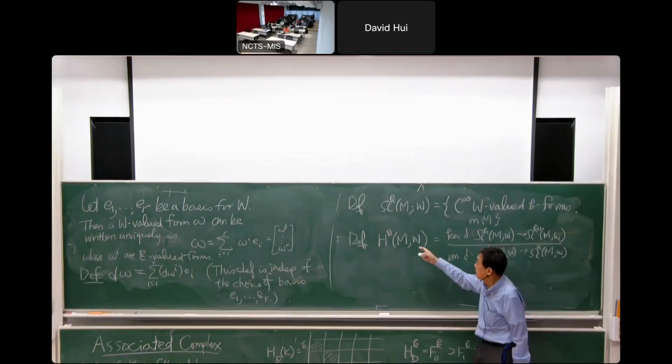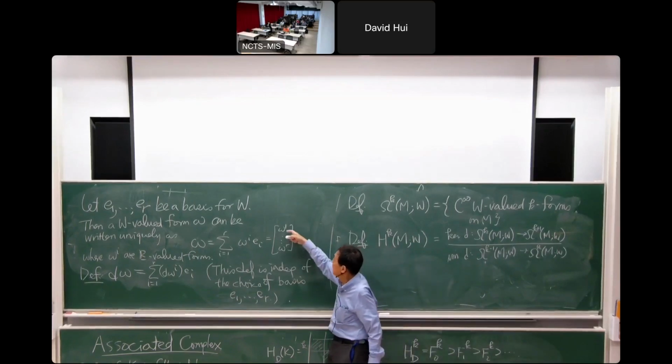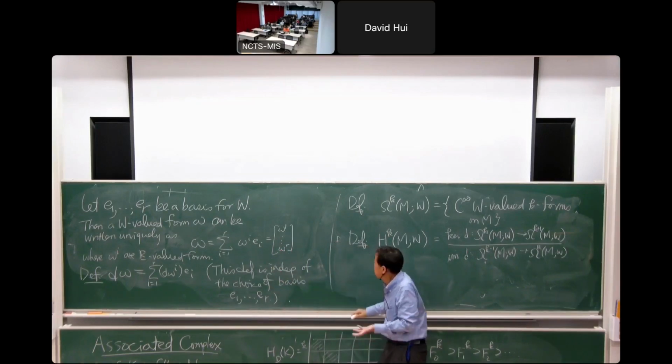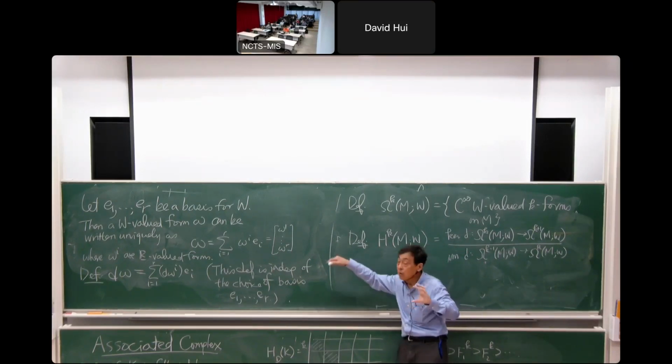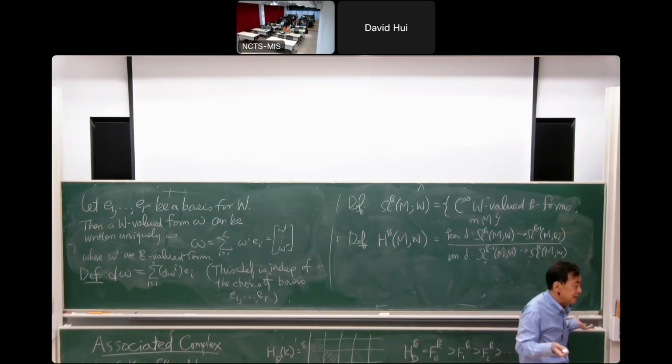And basically, yeah, if you think of W valued forms as just a column of ordinary forms, then the de Rham cohomology will just be like a column of R components, each of which is an ordinary de Rham cohomology.